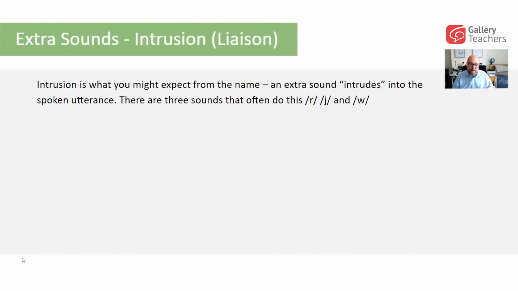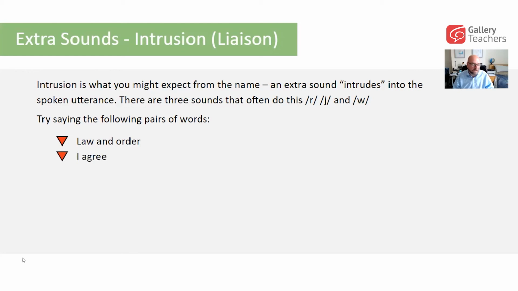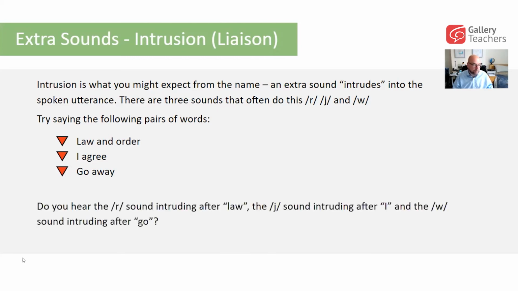Okay. Moving on, the extra sounds, the intrusion. So typically the sounds that will come in and intrude are r, y, and w. So if we try and say these next pairs of words: law and order, law-r-and order. I agree. Go away. What we can clearly see happening here are examples of the intrusion of the r.